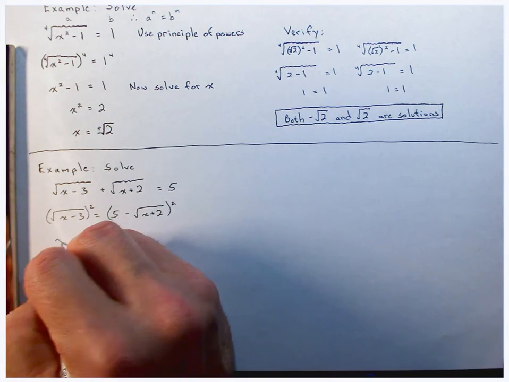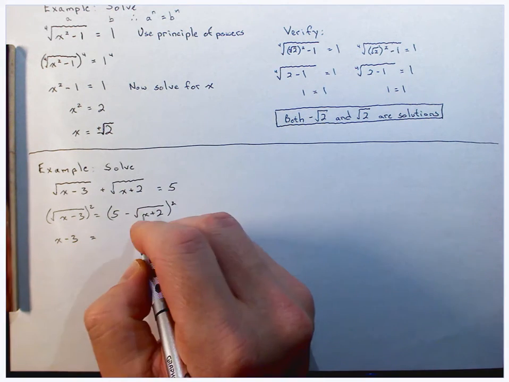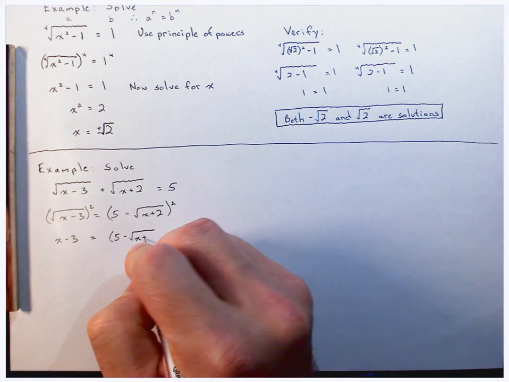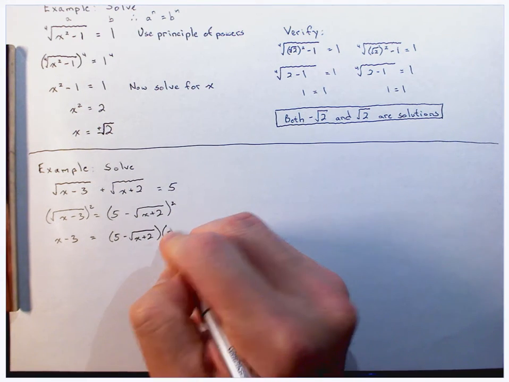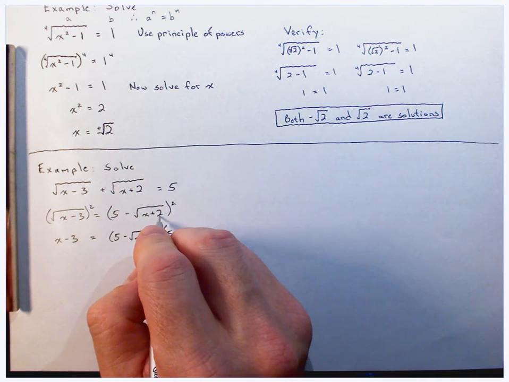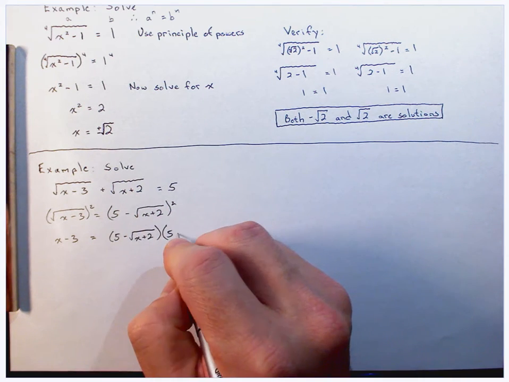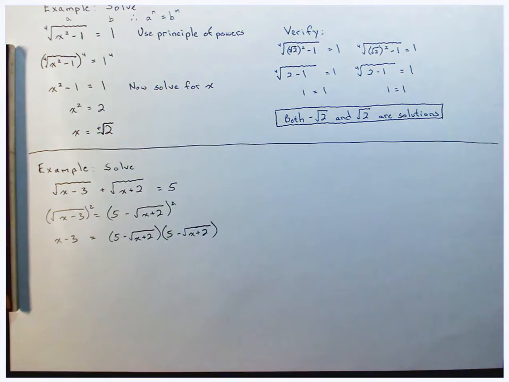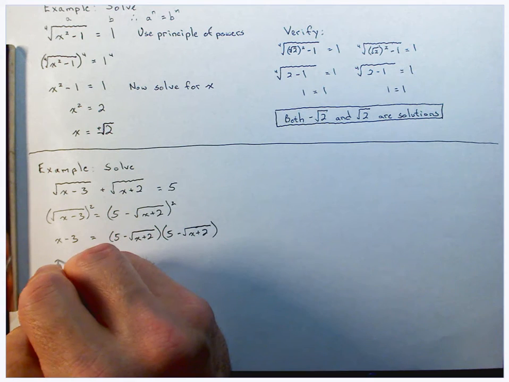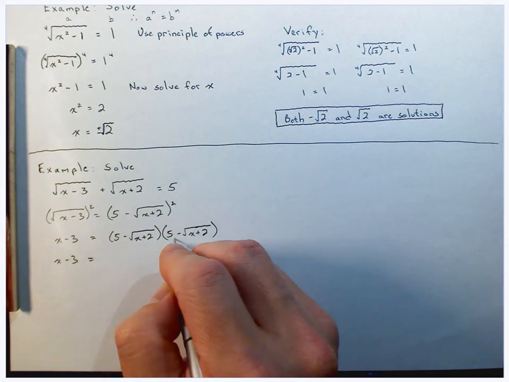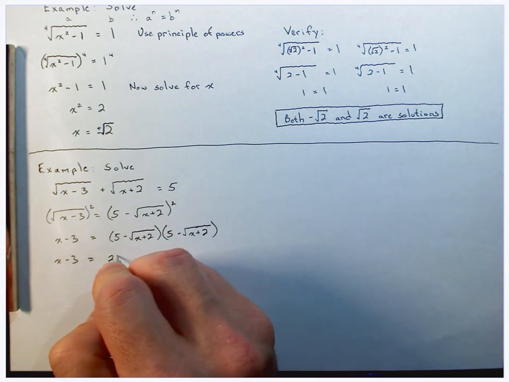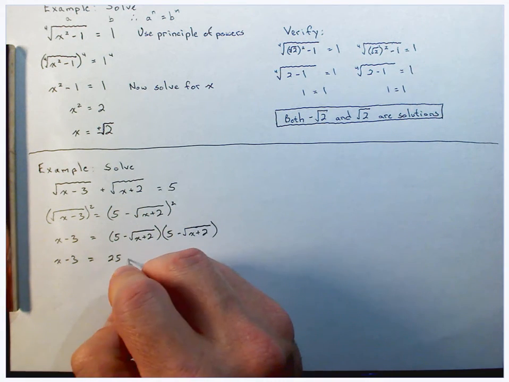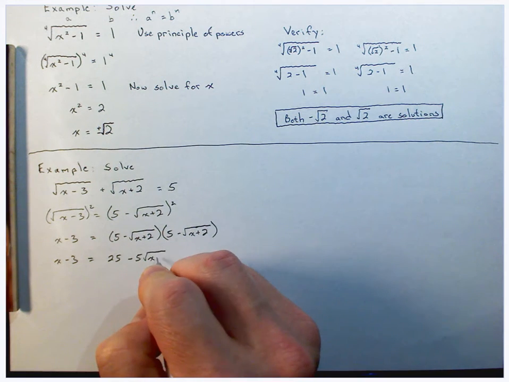This simply becomes x minus 3. Now I'm going to rewrite this so I can visualize it. All this squared means is that I'm taking this and multiplying it by the same thing. So I have x minus 3 equals 5 times 5, 25. 5 times the negative radical x plus 2 is simply minus 5 times the radical x plus 2.